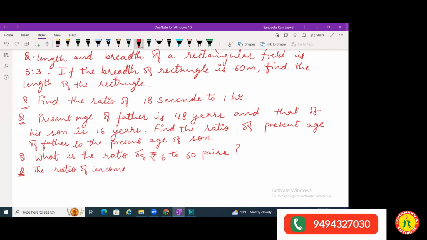Ma'am, in the third one, present age of father is 48 years and his son's age is 16 years, ma'am. Okay.